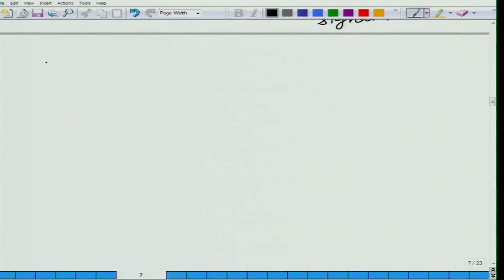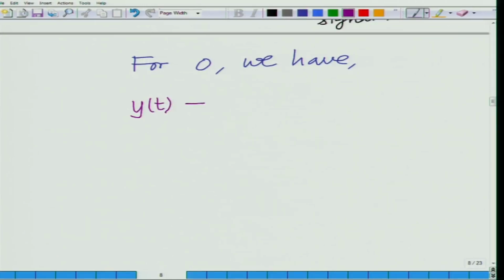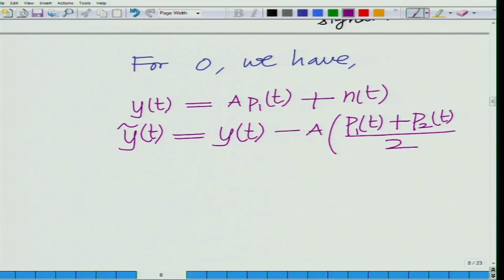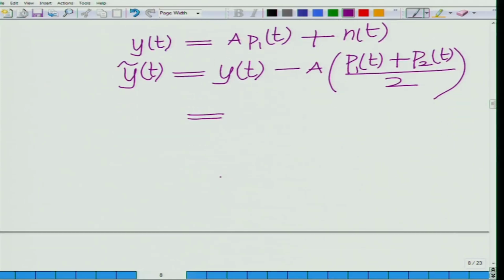Y tilde(t). Now, corresponding to the transmission of 0, for information bit 0 we have Y(t) equals A times P1(t) plus N(t), and Y tilde(t) equals Y(t) minus A times (P1(t) plus P2(t)) divided by 2, which is equal to A times P1(t) plus N(t) minus A times (P1(t) plus P2(t)) divided by 2.